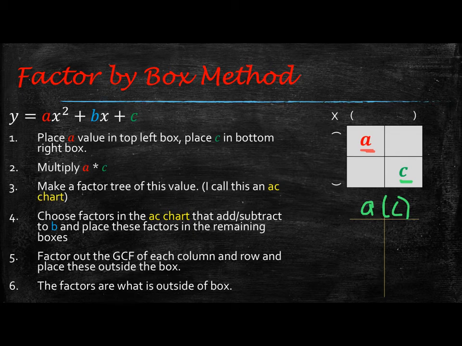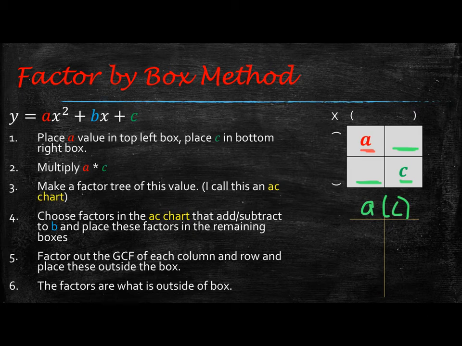You're going to take those 2 values and you're going to put them in the box in the other 2 window panes. And it does not matter which one goes where. You just put one in one spot and put the other one in the other spot.